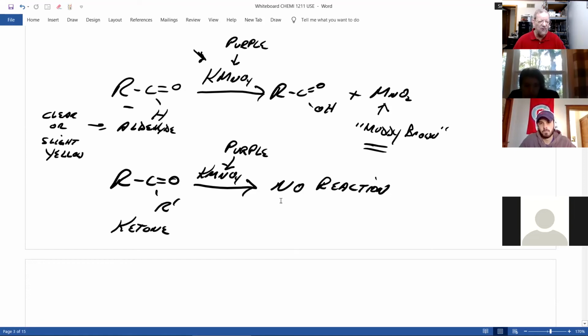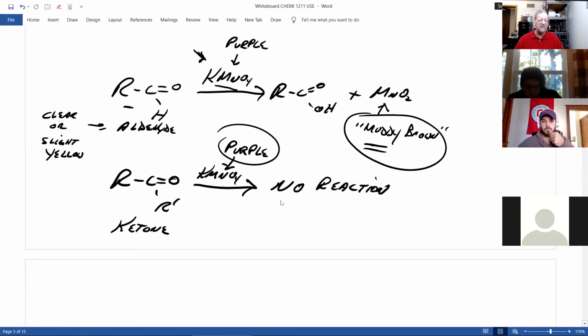But in the old days, long ago, you have an aldehyde or ketone, well, you'd react it with potassium permanganate and see does it go muddy brown or stay purple. And that will tell you whether it's an aldehyde, muddy brown, ketone stays the same purple.